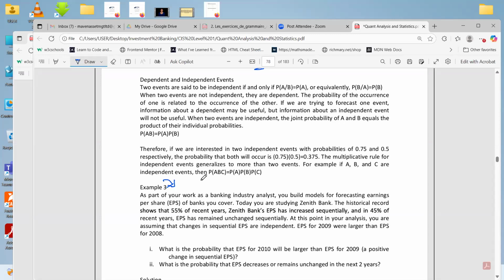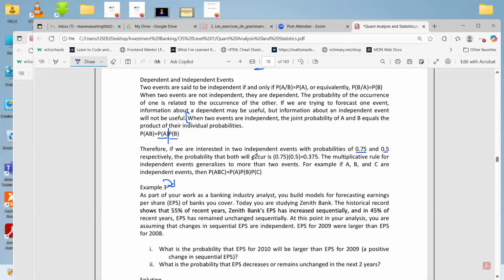When we have a question such as this, first you need to come back here to better understand this concept. When two events are independent, the joint probability of A and B equals the product of their individual probabilities. So, the probability of the first event multiplied by the probability of the second event. And this has already been established. You multiply them. It goes further to say we are interested in two independent events with probabilities of 0.75 and 0.5.